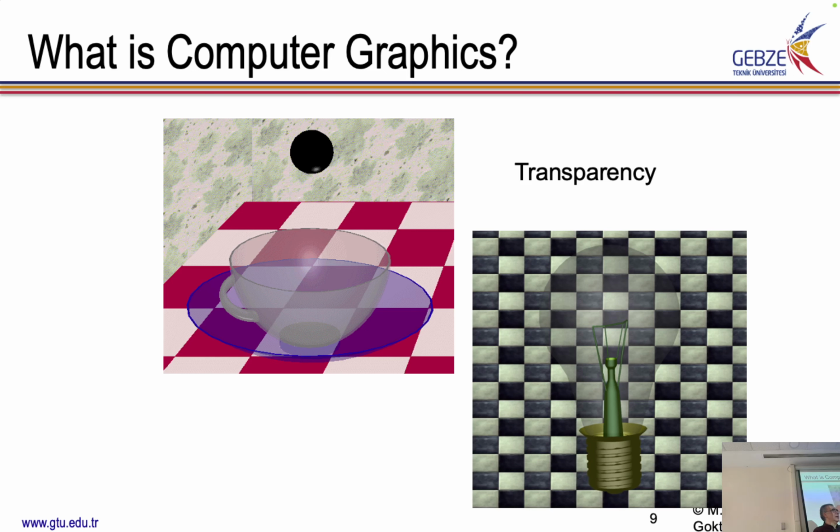Otherwise, it will look like nothing. So if it looks like nothing, it means it is not rendered, it is not generated. It is transparent, but not quite. It changes the effect.